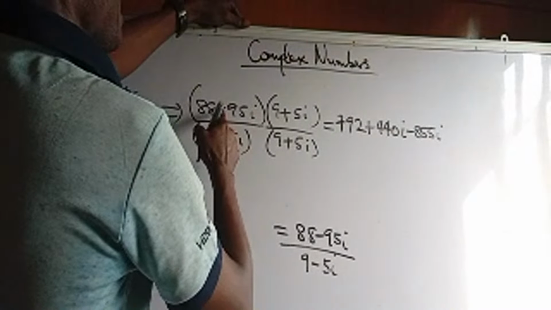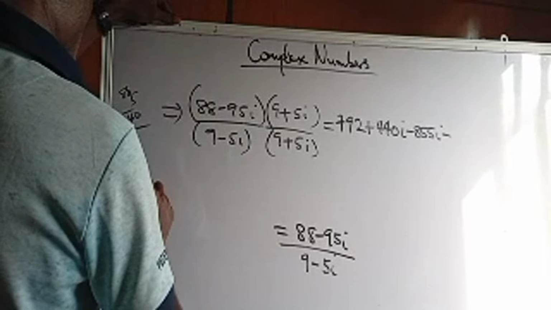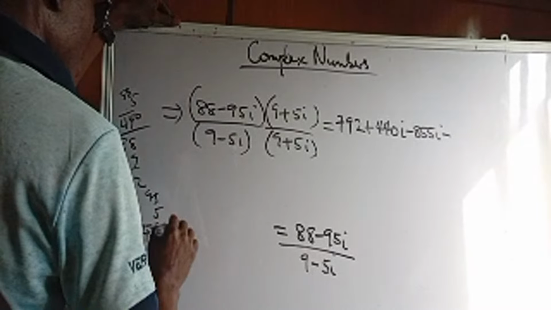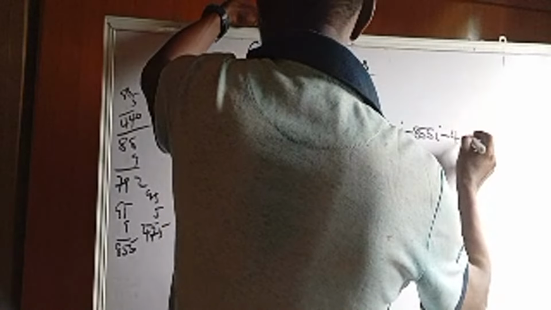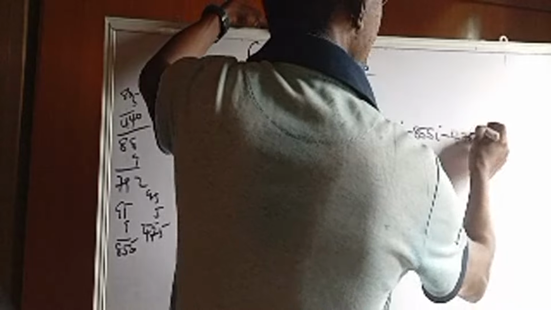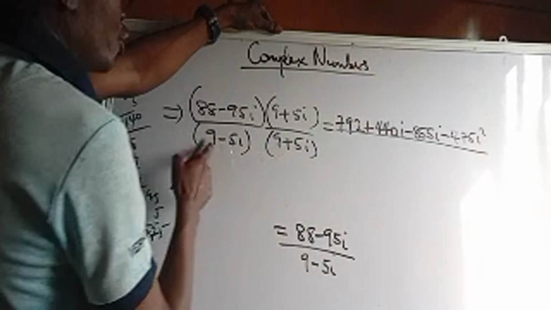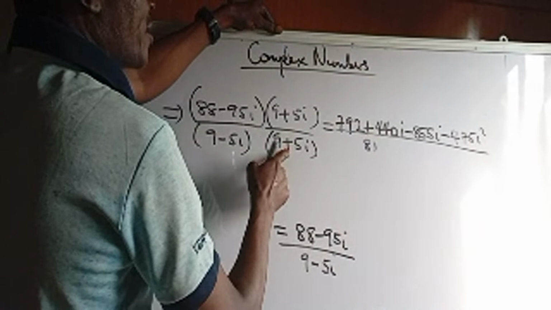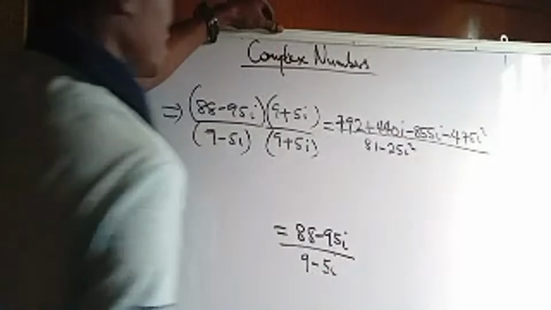Then minus 95i times plus 5i: you are multiplying 95 by 5, that's 475, so minus 475i squared. Everything all over, as usual, 9 times 9, 81, minus 5i times plus 5i, minus 25i squared.